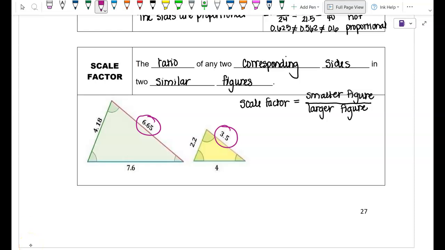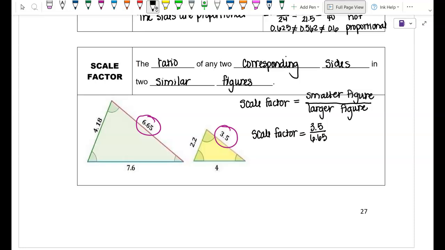So in our diagram, if I'm doing the scale factor here, and again, I want to go from the smaller figure to the larger figure, that means I have to start with the 3.5 on top. The 6.65 is on the bottom.